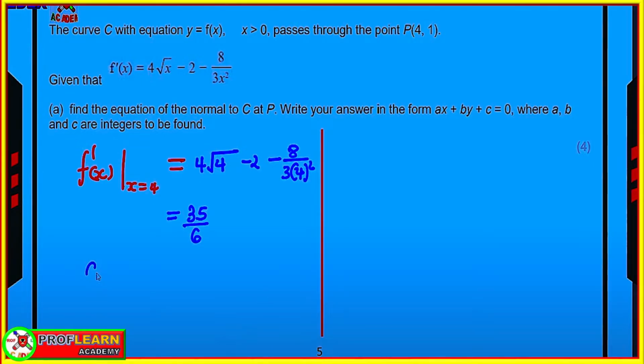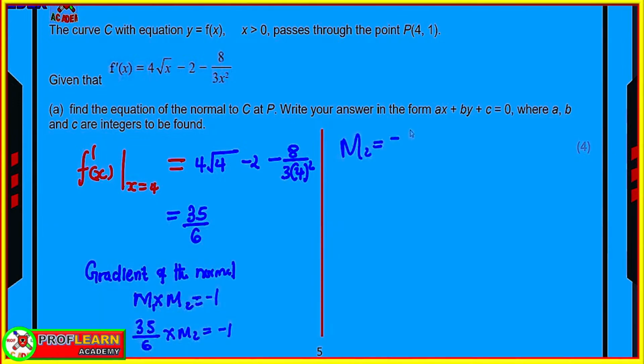That means that we need to use m1 times m2 in order to find the gradient of the normal. So m1 times m2 must give us -1 because they are perpendicular, which means that our m2 is going to be -6/35.